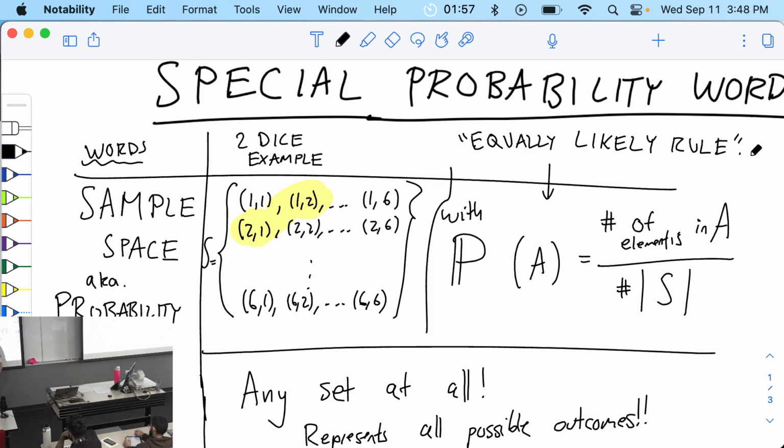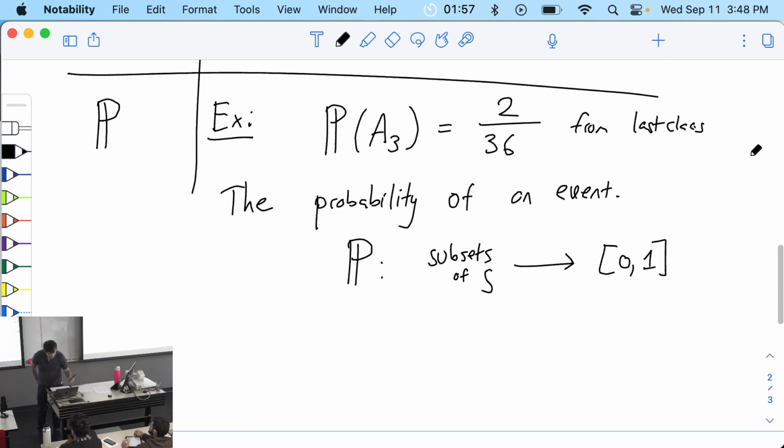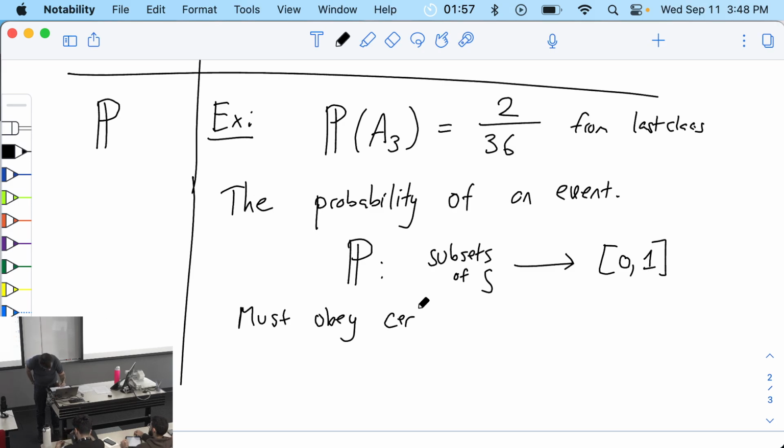In general, you can define anything you want on the sample space as long as it obeys certain axioms. So P is the probability of an event, and P must obey certain rules, and we'll tell you exactly what they are later, because for now we're going to stick to the simple example that we have.